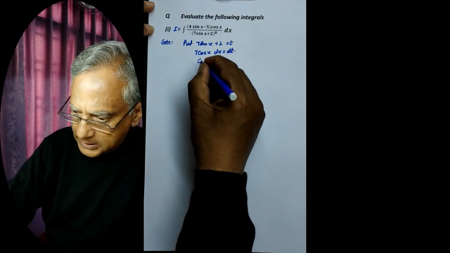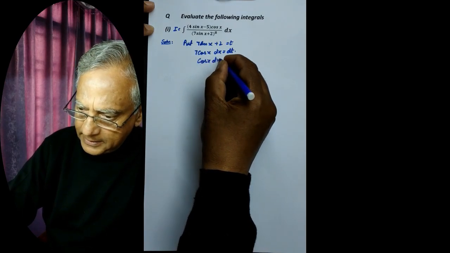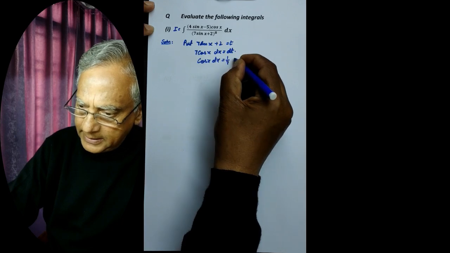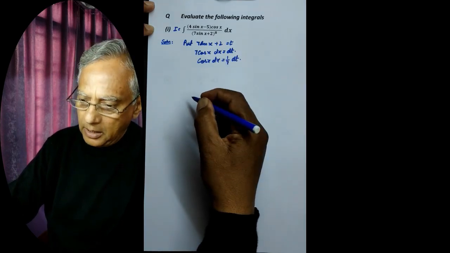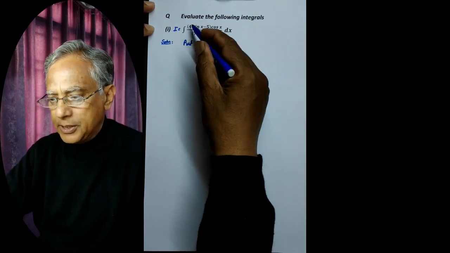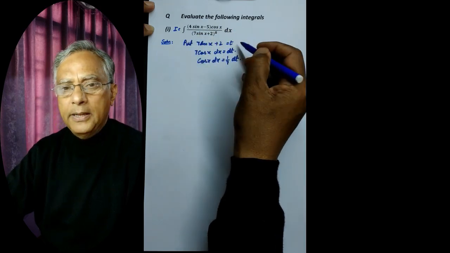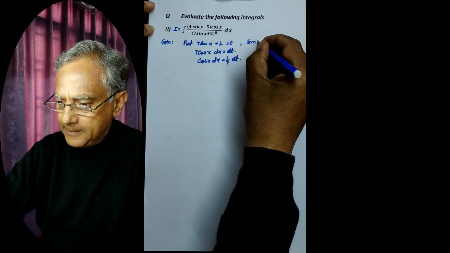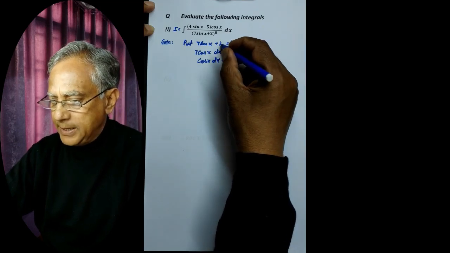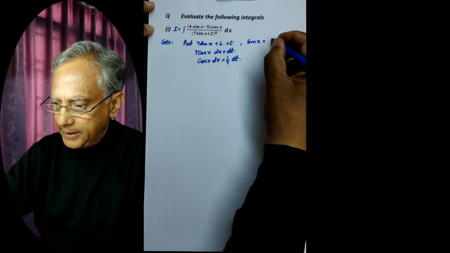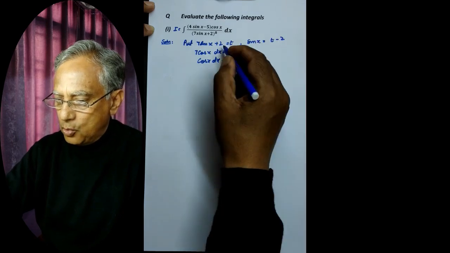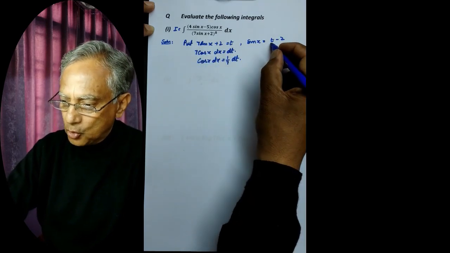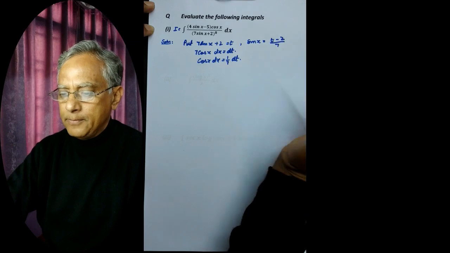Therefore, cos x dx is equal to 1 by 7 dt. Now we express this integral in terms of the new variable. From here we have sin x is equal to t minus 2, taking this to the other side, and divide by 7. So sin x is (t minus 2) by 7.